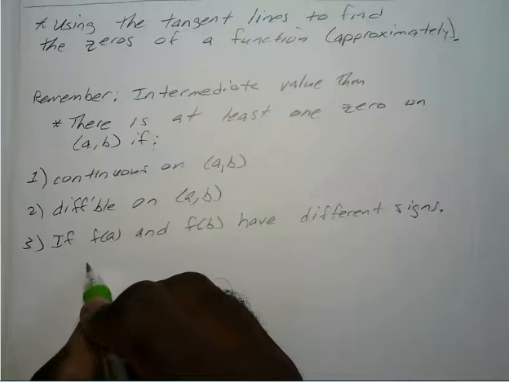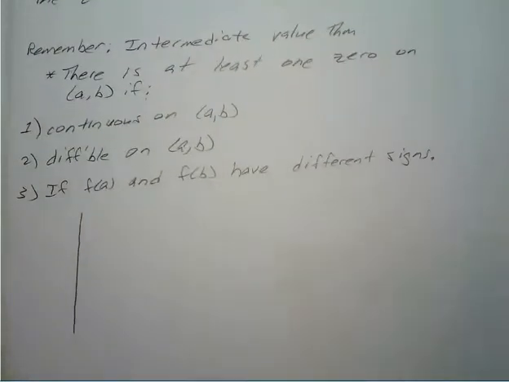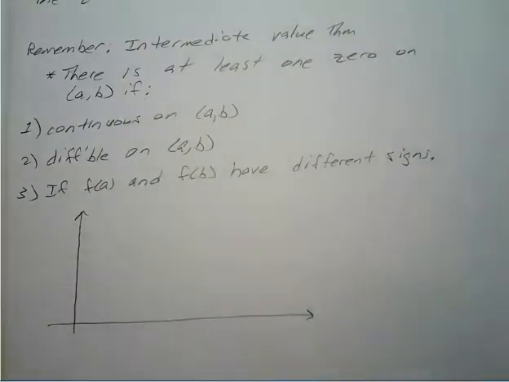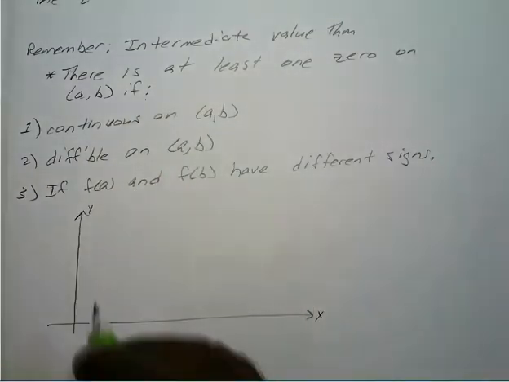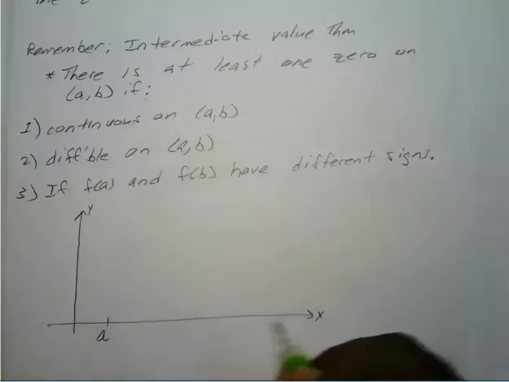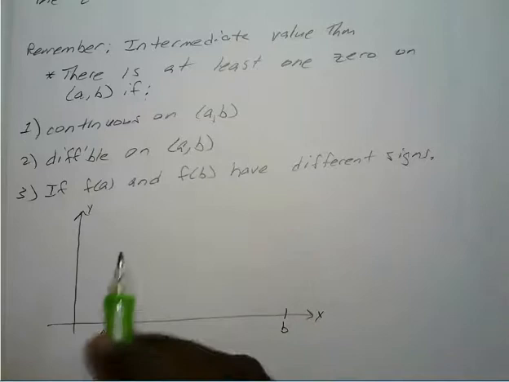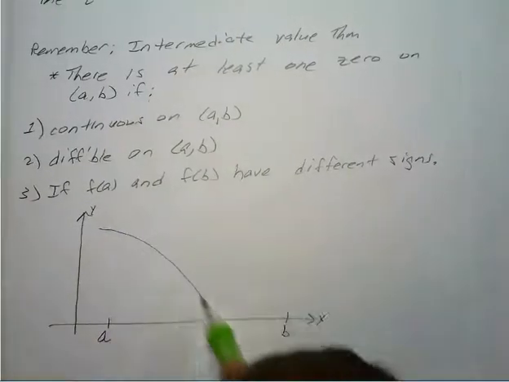Just to help you visualize it, let's say we have our interval. This is our x-axis, this is our y-axis, and we're going from A to B. Let's say this is our graph here, so our graph looks something like that.